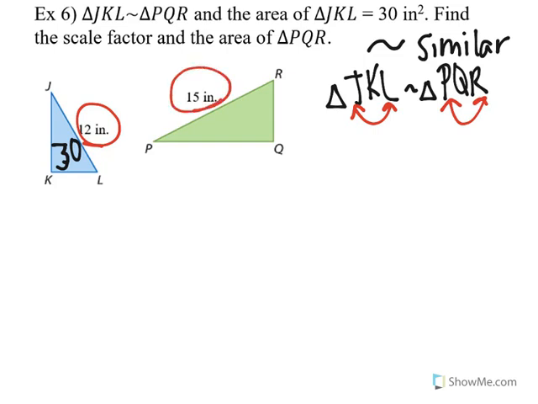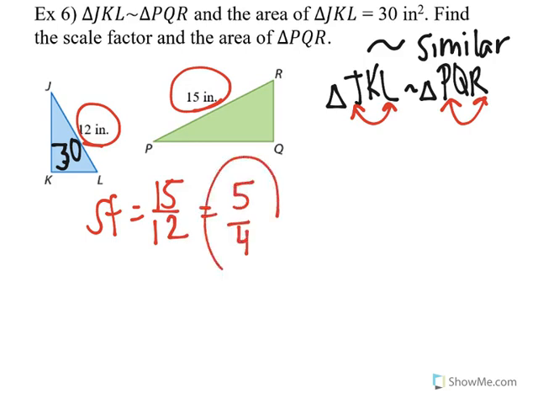When you're writing a scale factor, it's just a ratio of side lengths. I'm going to go from larger to smaller, so my scale factor here would just be 15 over 12, and you can reduce it to 5 over 4. This is the first part of the answer. We want the scale factor and the area of PQR. This is something you should be a little familiar with.